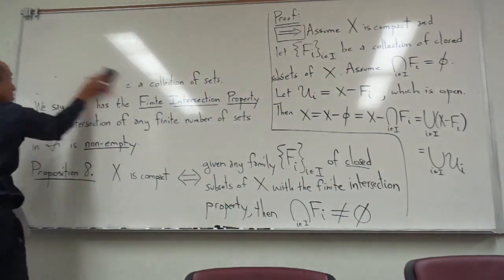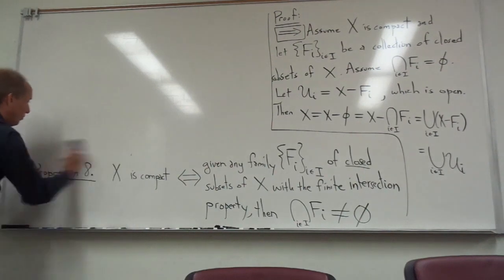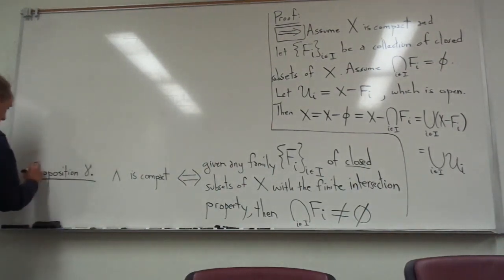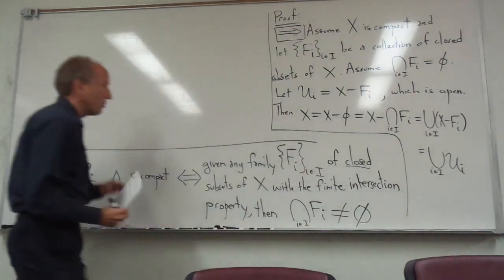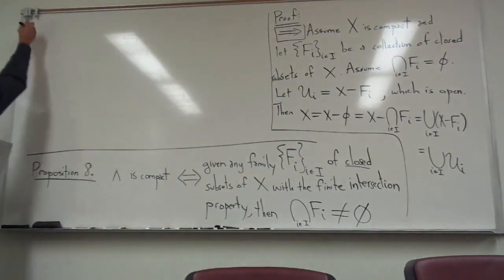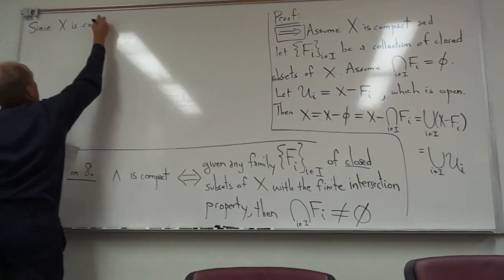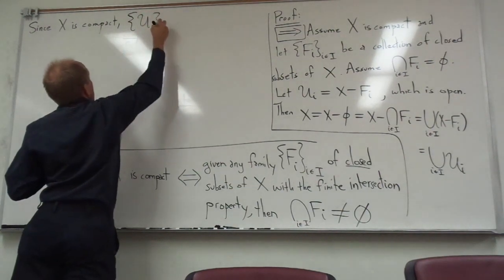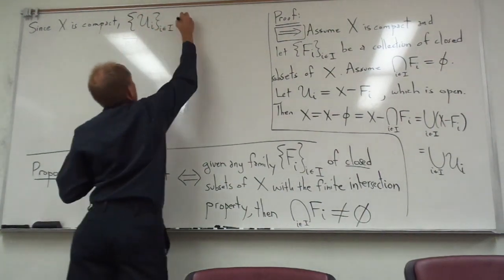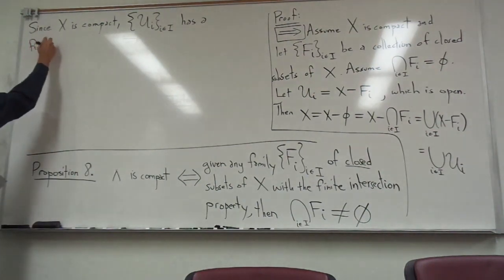If you need to pause or rewind the video to remind yourself what these definitions are, by all means go right ahead. I'll try to keep the proposition stated down here so we can keep referring to it. But anyway, since X is compact, the set of U sub I's, where I is in the index set, has a finite subcover.